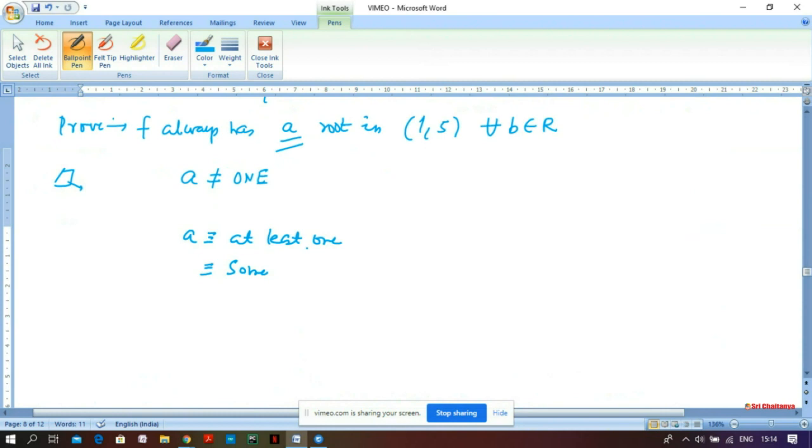So you can say that f always has at least one root, or f has some root in (1, 5), or f has a root. These are all equivalent. If it has one root, I do not know. We can't say one root; one root is not correct.